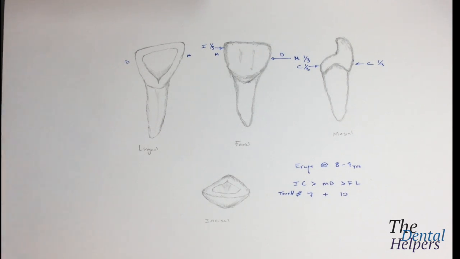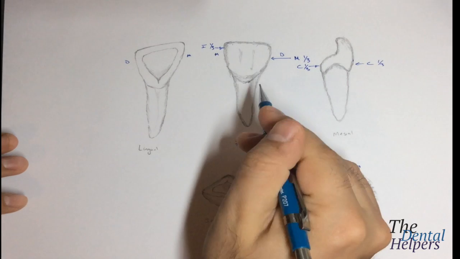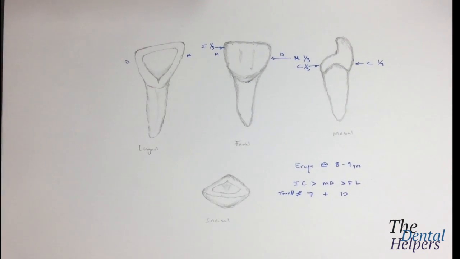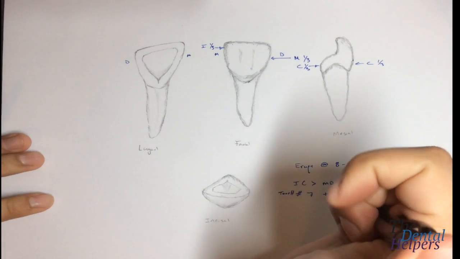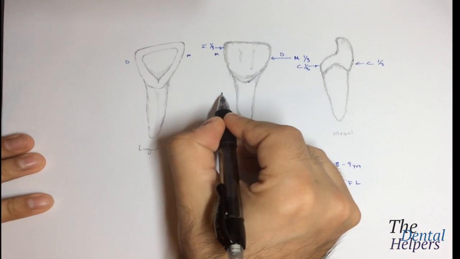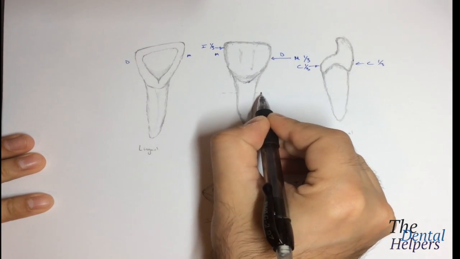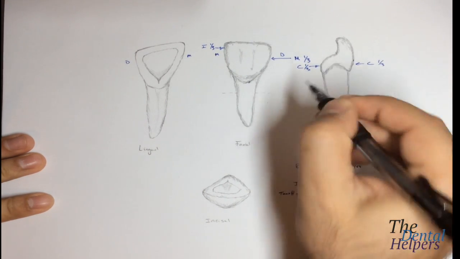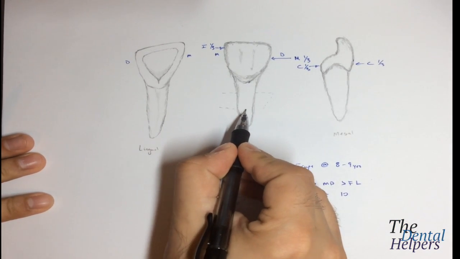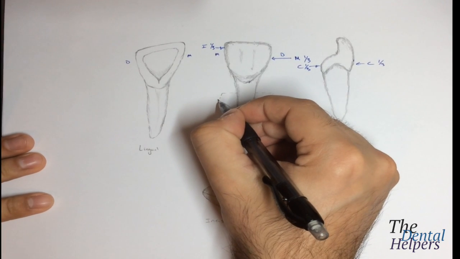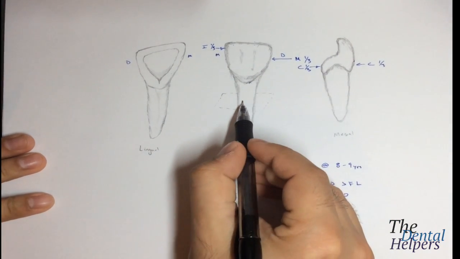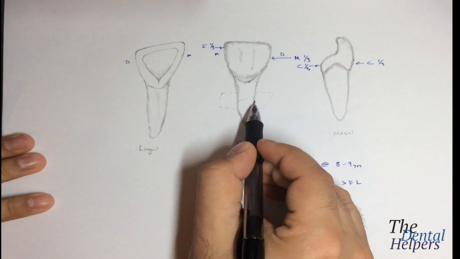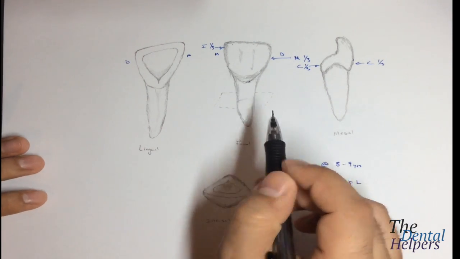The other thing to note is if we were to cut the root. So now if we were to make a cut directly into, or cut the root in half right here, the shape that we're going to expect to see, instead of it being triangular, now it's going to be an ovoid shape or a round shape.